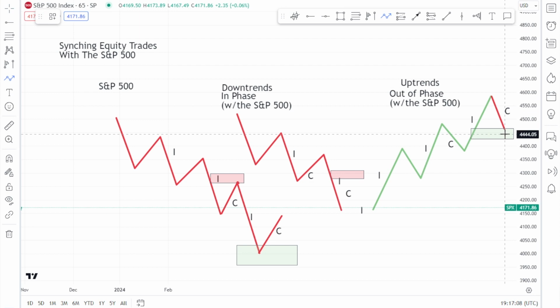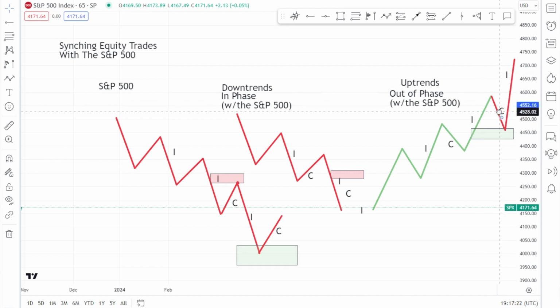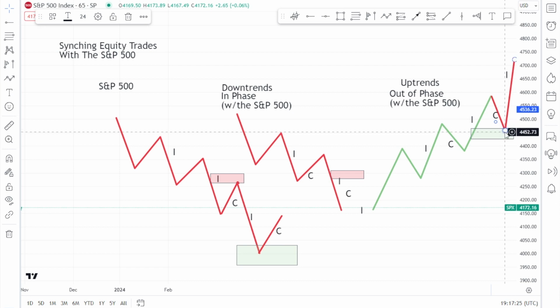What we do is we buy at the zone, and we're looking for a new, I ran out of room here, impulsive move to the upside. Let me grab that. This new move to the upside here is going to be impulsive. So the pullback is corrective, and then impulse, correction, impulse.